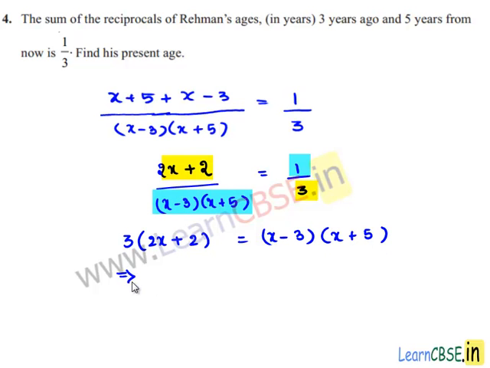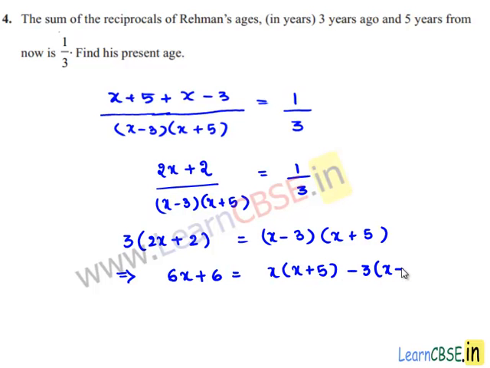That implies 6x plus 6 is equal to x times of x plus 5 minus 3 times of x plus 5. 6x plus 6 is equal to x square plus 5x minus 3x minus 15.